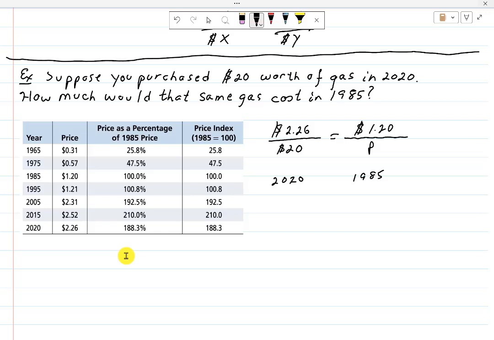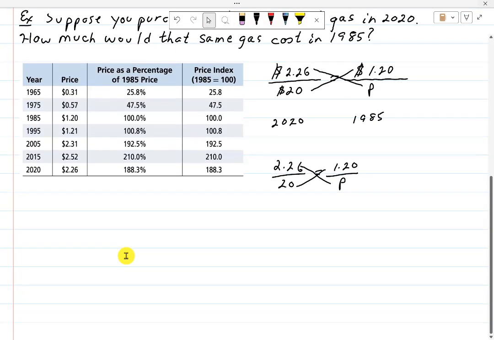Now, to remind you on how to solve these equations, we do what's called cross multiplication. So I'm going to drop all the dollar signs and just work with the numbers. I'll put in whatever units I need to at the end. So let me do the cross multiplying schematic again. I'll get 2.26 times P equals 20 times 1.20.